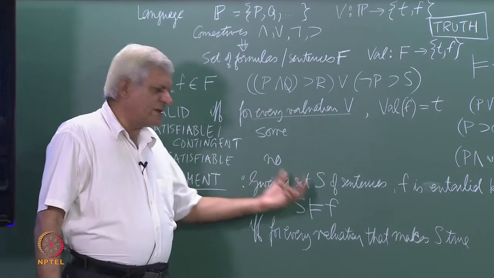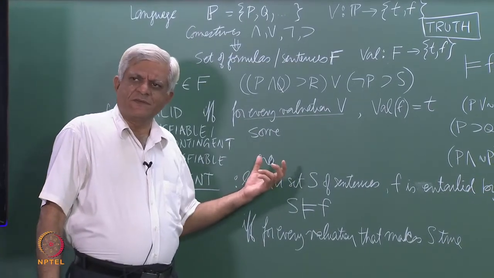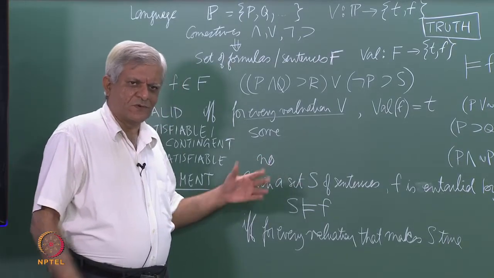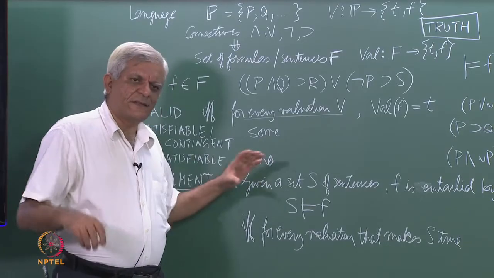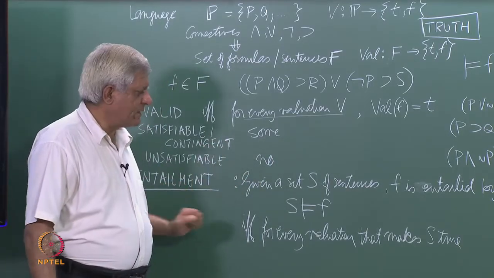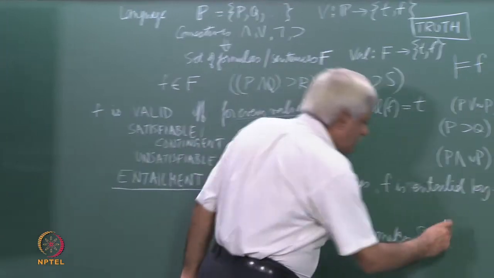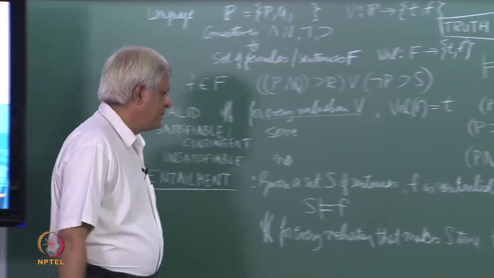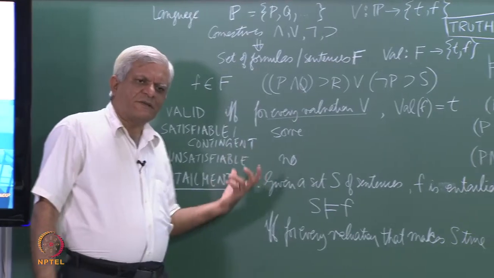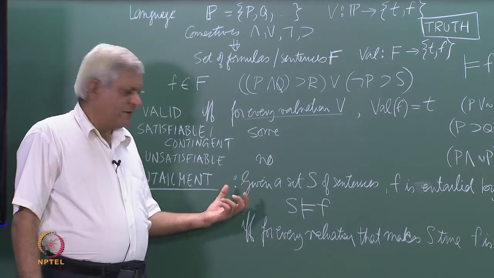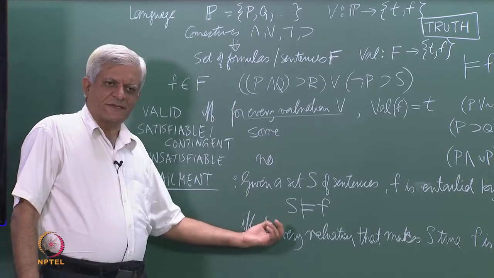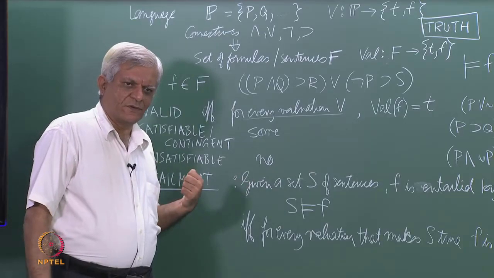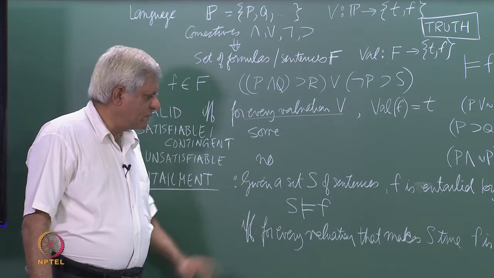And when we say a set of sentences is true, essentially what we mean is that every sentence in that set is true. So, you can think of it as a bigger sentence with the and sign in between them essentially. So, we are more interested in the notion of entailment, that somebody gives us a set of premises, let us call them S, then we want to ask whether a given formula F is true or not essentially, and that is the notion of entailment essentially.